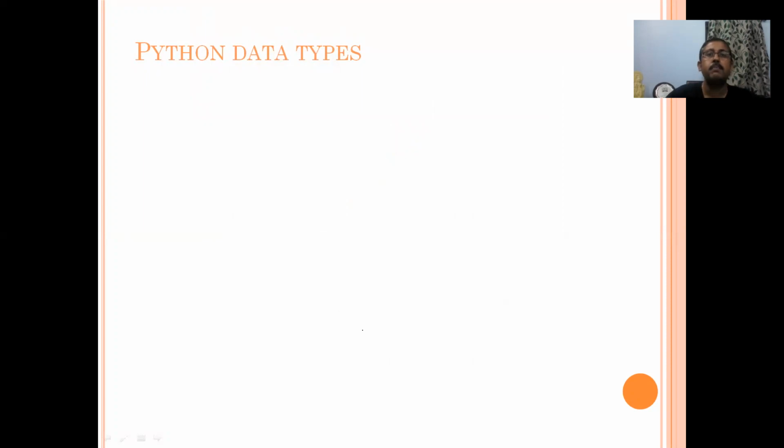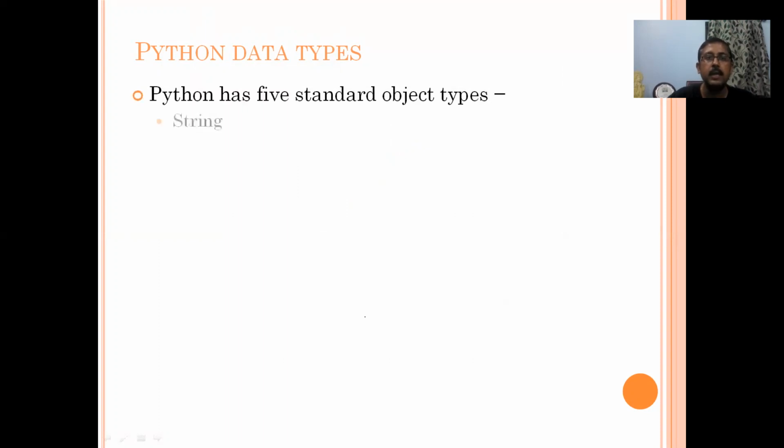So when we talk about the Python data types, Python has basically 5 types of data or 5 object types. And there is one more additional object type which we're going to cover soon. So the 5 standard object types are string, numbers, list, tuple, and dictionary.